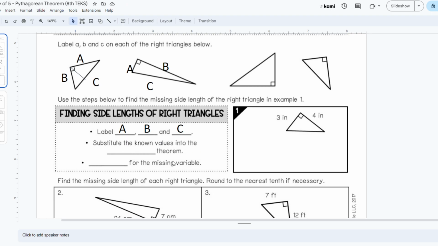Substitute the known values into the theorem. A squared plus B squared equals C squared.